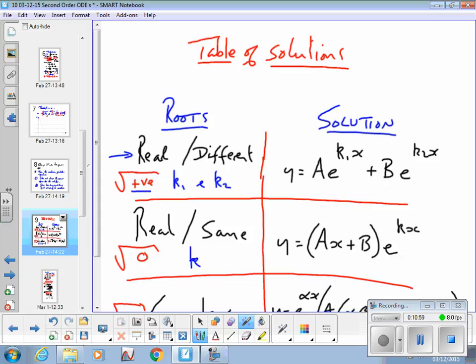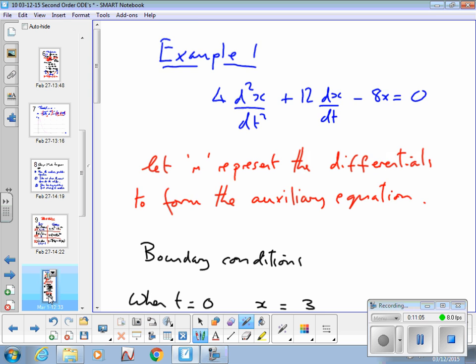So I can write now my solution. It's of the form y equals a e to the k1 x plus b e to the k2 x.